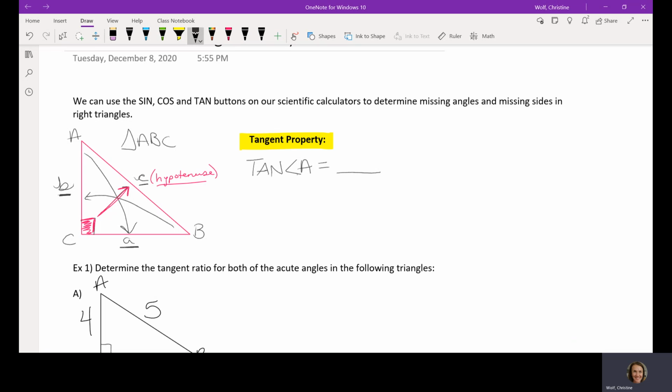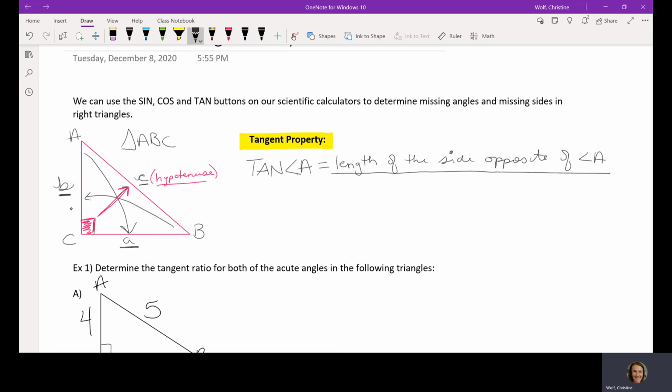On the top of the fraction, we are going to write down the length of the side opposite of angle A. So that number will go up top.